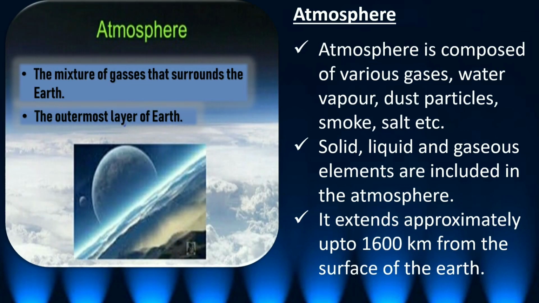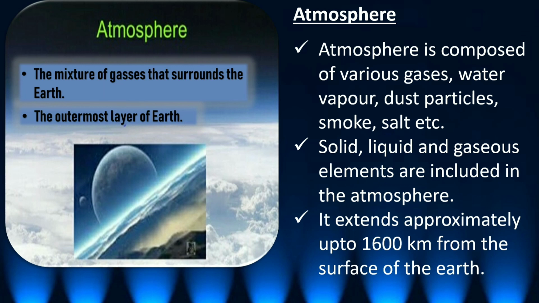The third important sphere of the earth is atmosphere. In atmosphere, we will see three important aspects. Firstly, atmosphere is composed of various gases, water vapor, dust particles, smoke, salt, etc. So, atmosphere is seen in solid, liquid, and gaseous elements.